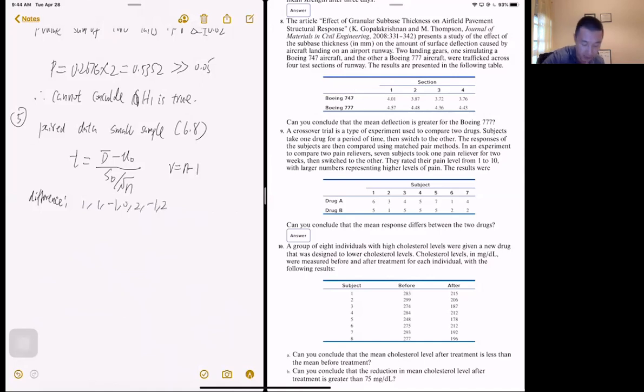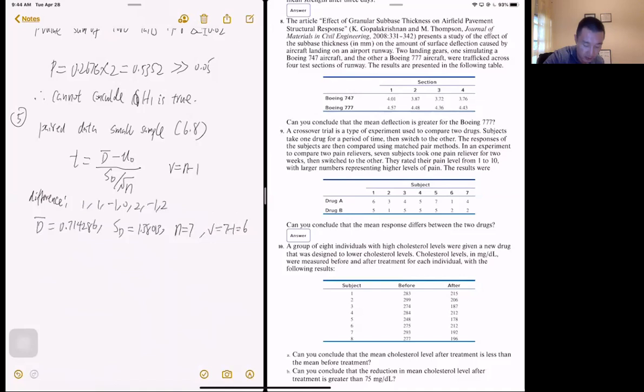Okay, so we calculate the mean value of the sample difference. We can also calculate the standard deviation of the difference D. Sample size n is 7. So degree of freedom is 7 minus 1, which is 6.